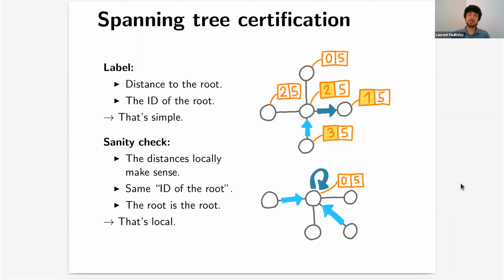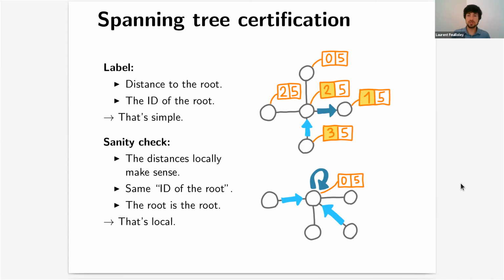And in a similar way, if I know that the node on the bottom has a pointer to me, then this distance should be 3. So just checking these distances, and note that I'm not interested in the distances of the other nodes that are not linked to the machine by pointers, because I'm just interested in the distance along the pointers. So I just check that if there is a pointer, the 2 distances make sense. So that's the first sanity check.